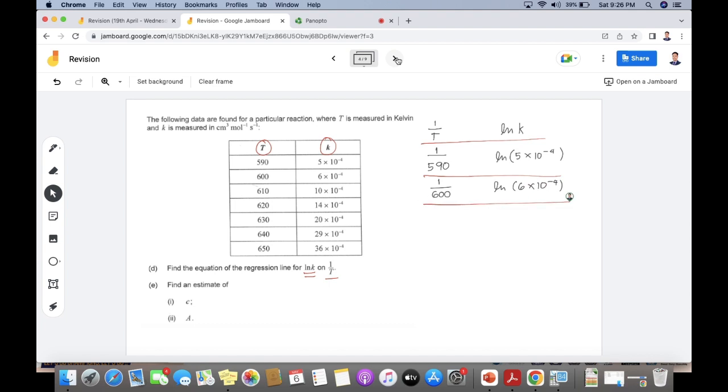We also have 1 over 610 paired with ln of 10 times 10 to the negative 4. One over 620, ln of 14 times 10 to the negative 4. Also, we have 1 over 630 paired with ln of 20 times 10 to the negative 4.